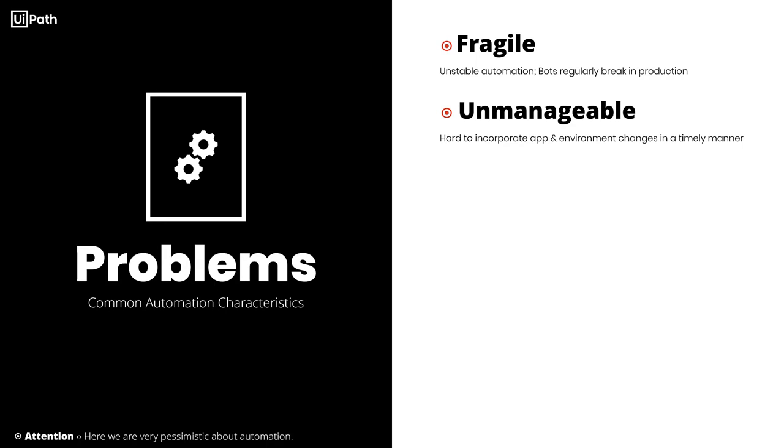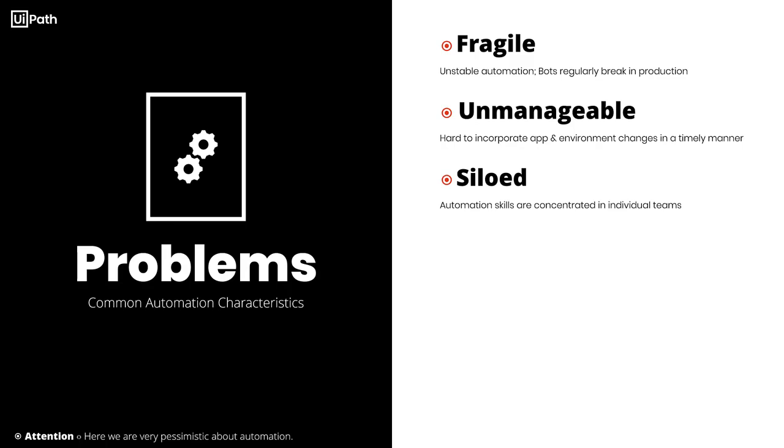As a result, making RPA resilient against these changes often becomes an unmanageable task for RPA teams. Now, on top of that, automation happens across the entire enterprise. It happens in software development, it happens in IT operations, and it happens on the business side by RPA teams. Now, these teams, as mentioned, are often completely separated from each other. So automation itself becomes siloed.